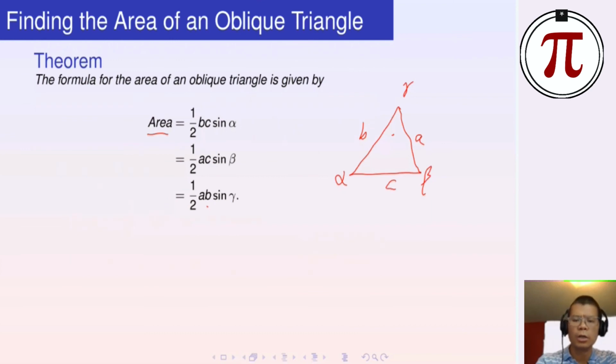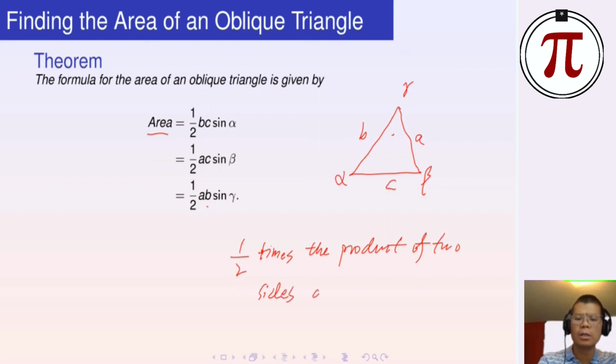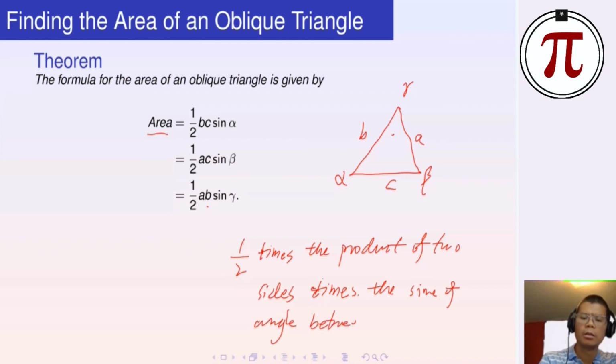So it's 1/2 times the product of two sides times the sine of the angle between them.